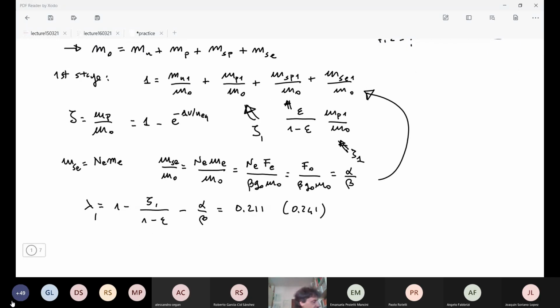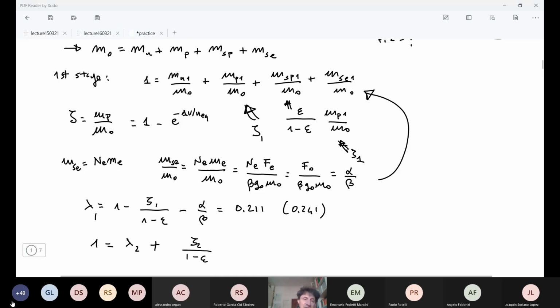Then we move to the second stage, and we have to proceed in a similar way, again writing this expression for the masses, and also here we'll have 1 is equal to lambda 2, and dividing by M02, right? And so we have then plus MP2 over M02, MSP2 over M02, that will be our Z2 over 1 minus epsilon.